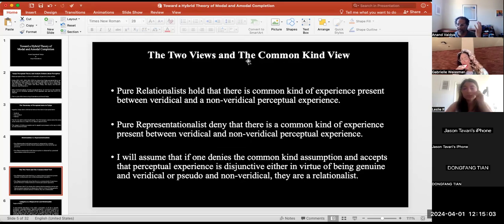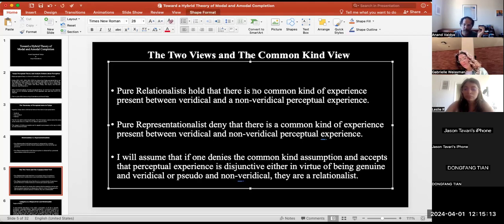Okay, so that's the common kind thesis. Now, the pure relationalist holds that there is no common kind of experience present between veridical and non-veridical perceptual experience.